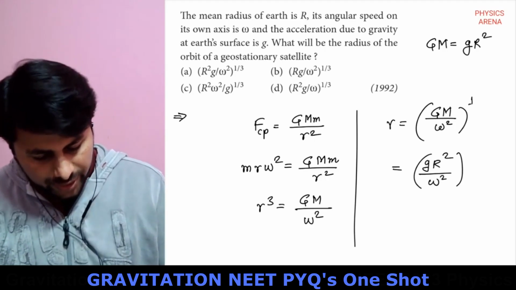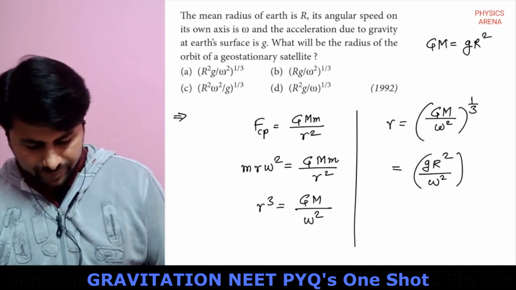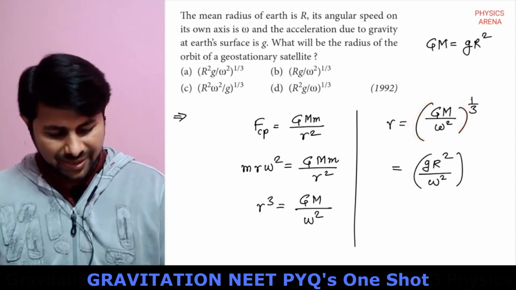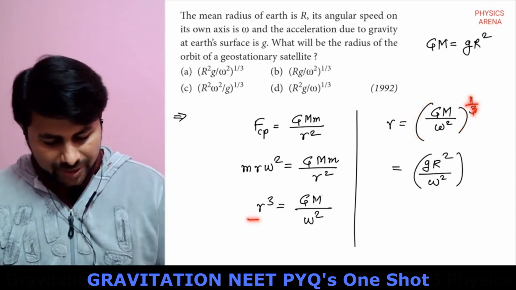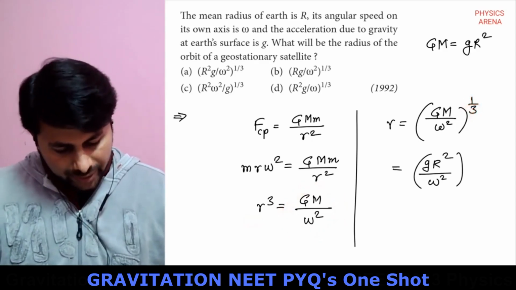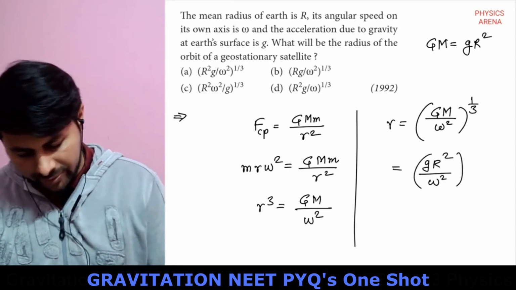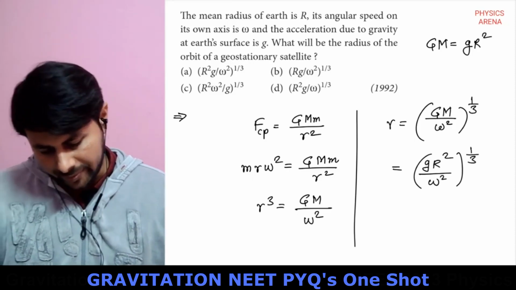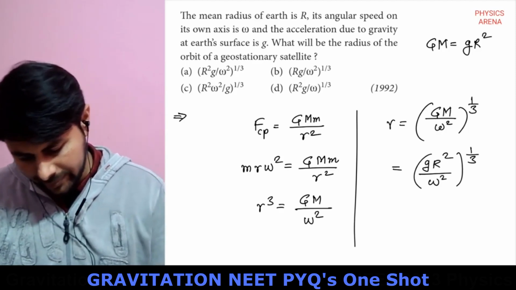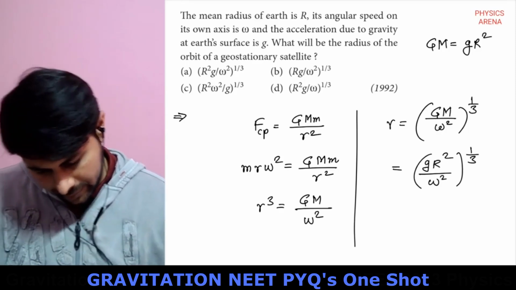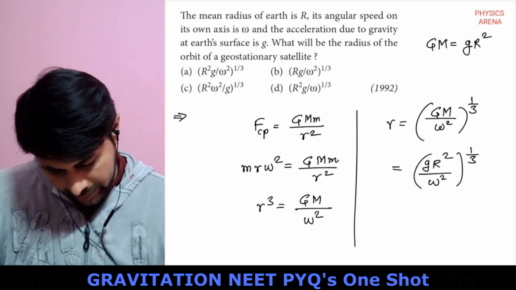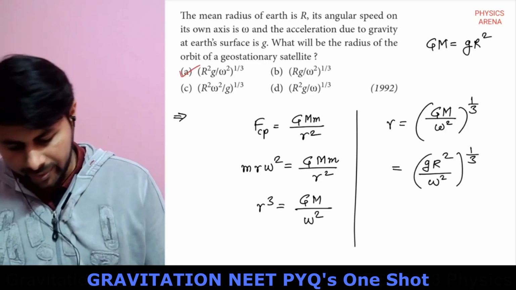I put the bracket but didn't take the cube root, so r is equal to the cube root of gR square upon omega square. Okay, so it's option A, option A or option B? Option A, right?